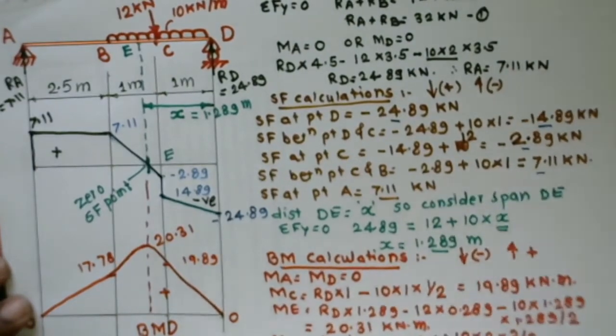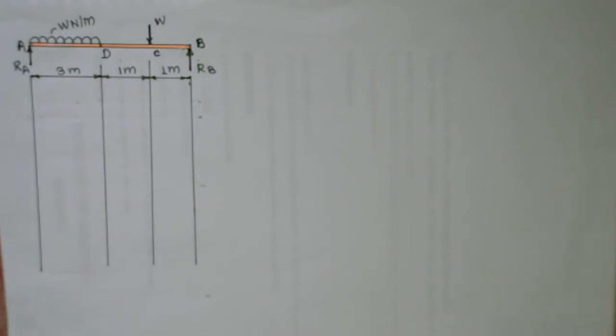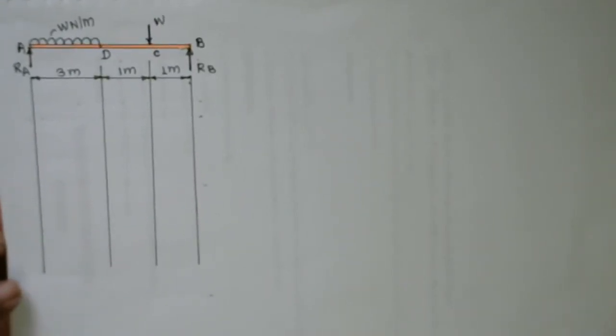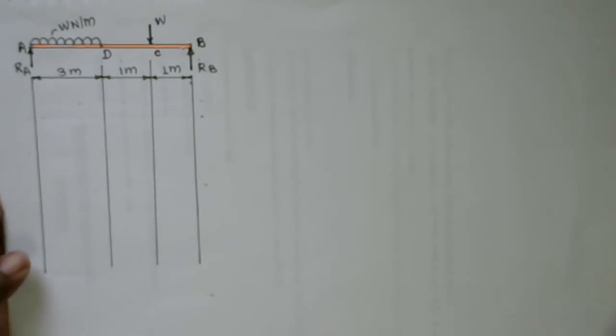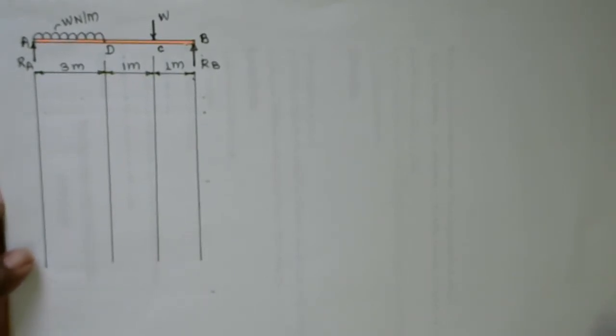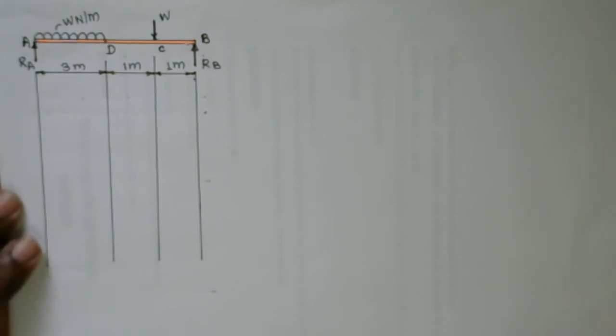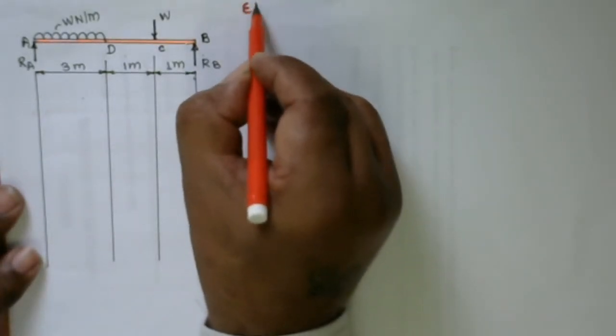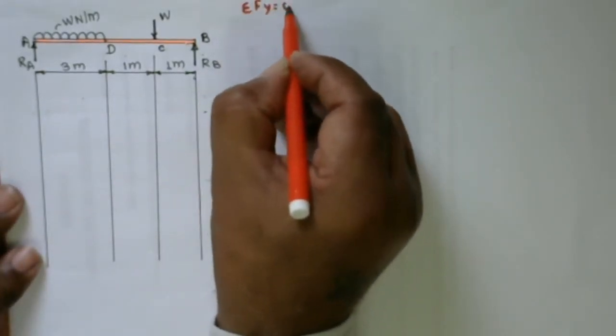Now move to next numerical. In this numerical, beam is subjected to W Newton per meter and point load is also acting W. Both the values are unknown and we have to solve that numerical. So in this case again, RA plus RB means summation Fy is equal to 0.